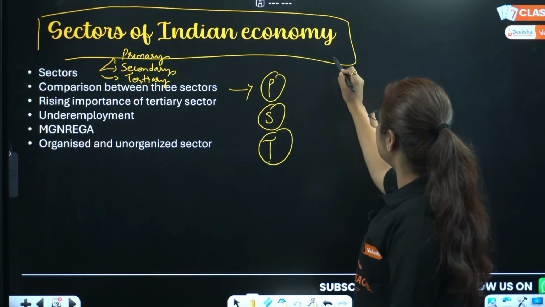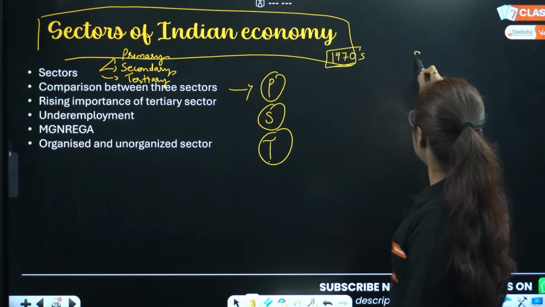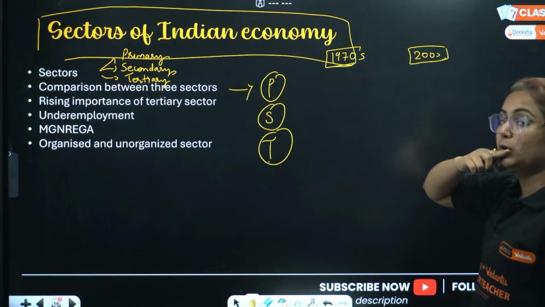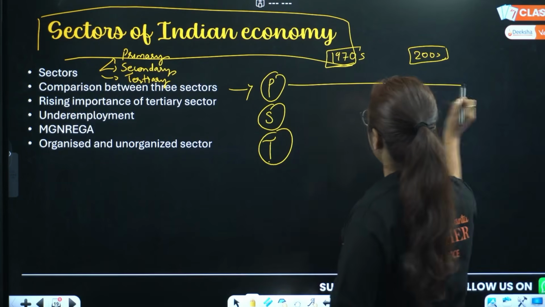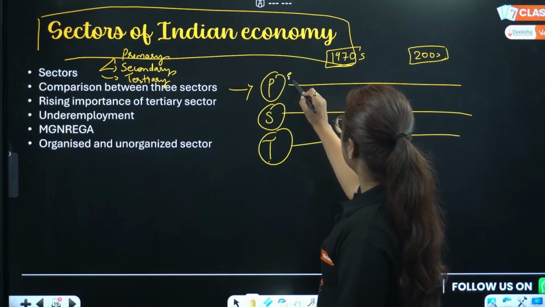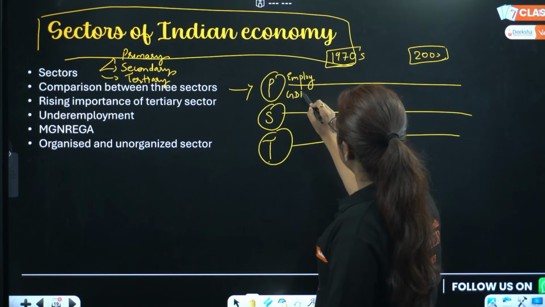All the 3 sectors. We will see 2 phases, 1970s and the other is 2000, on the basis of 2 things. Pay attention, the first will be employment and the next is GDP.